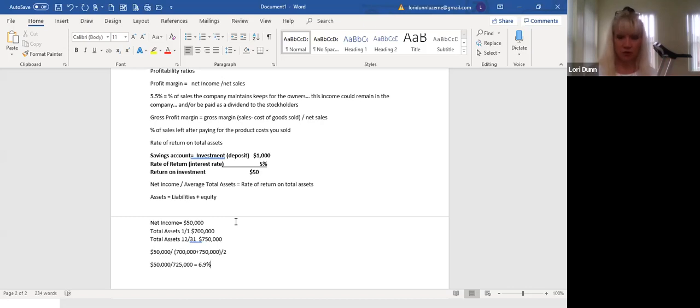So that's why it's important, because people want to know, how well are you using that investment? I want you to make an 8% return on my money. They're not doing that. Okay, so the higher the return for a company's assets, the better and more efficient use of the assets, because they're producing more income for every dollar of investment.